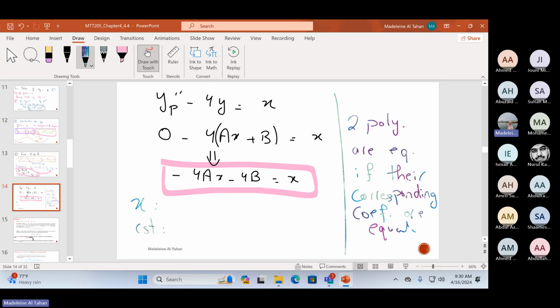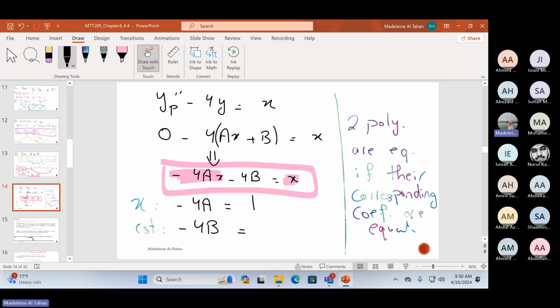It means that for the coefficient of x, how many coefficients do we have here? We have the constant coefficient and the coefficient of x, right? What's the coefficient of x on the left-hand side? Negative 4a. And on the right-hand side, we have x only, so it is 1. Now, on the left-hand side, as a constant, we have negative 4b.